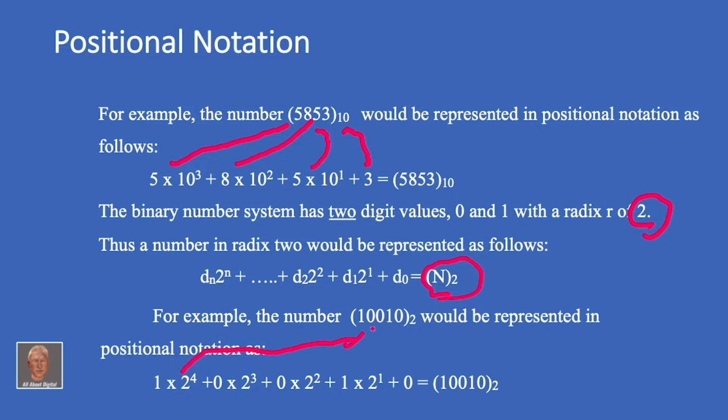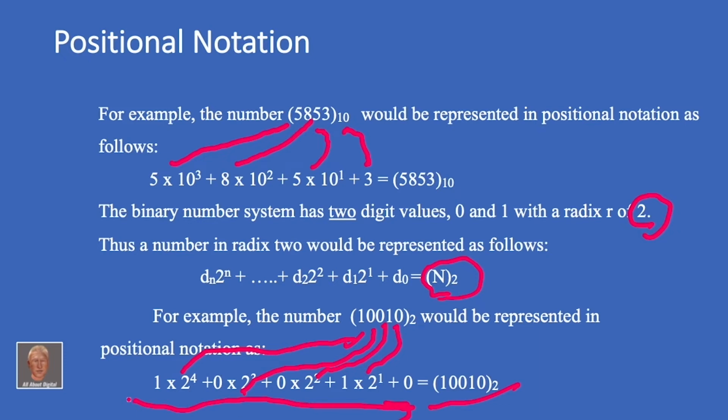Then the next one is a 0 times 2 to the 3, plus another 0 times 2 to the 2, plus 1 times 2 to the first power, plus 0 times 1, or 0, just 0. So that is equal to this number right here. And this is how you'd write it out positionally.